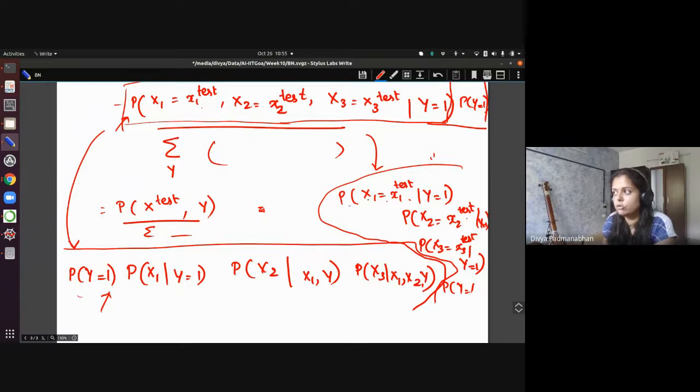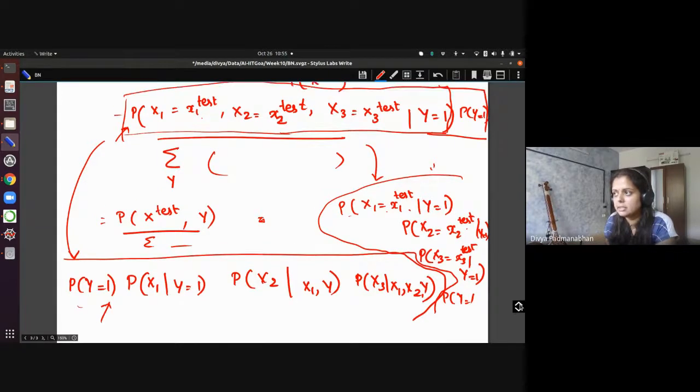So ideally, if you didn't look at conditional independence, you would have to model the probability given y equal to 1 of generating all these features, and you have to assume some kind of dependence among features, and that maybe is not very computationally feasible.